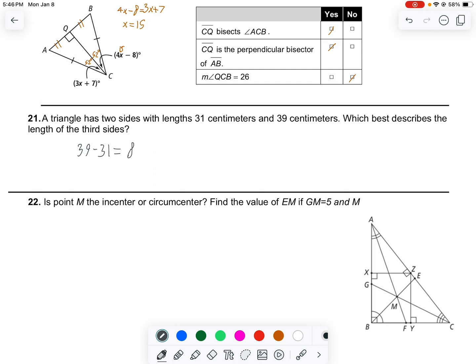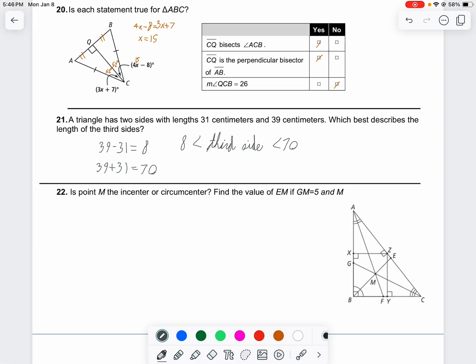So we know that our triangle has to be bigger than 8, or else it would just make a line segment. 39 plus 31 is equal to 70. So we know that our third side has to be greater than 8, and it has to be less than 70 for us to make a triangle.